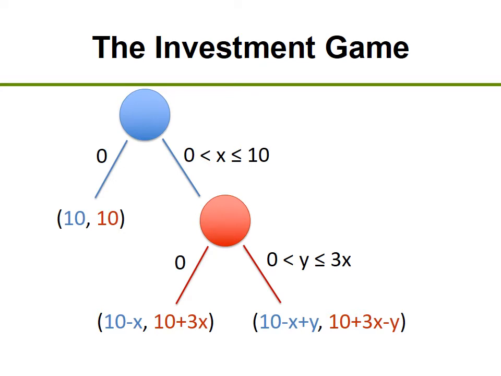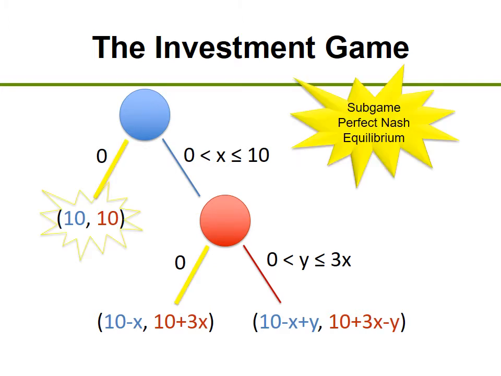So this is the strategy that the second mover would choose, which means what's the best thing for the first mover to do? Just not send anything. And so, in fact, we get a Nash equilibrium that says the game should go, if the players are rational, like this. Nothing happens. Everybody goes home with the $10 they started with.